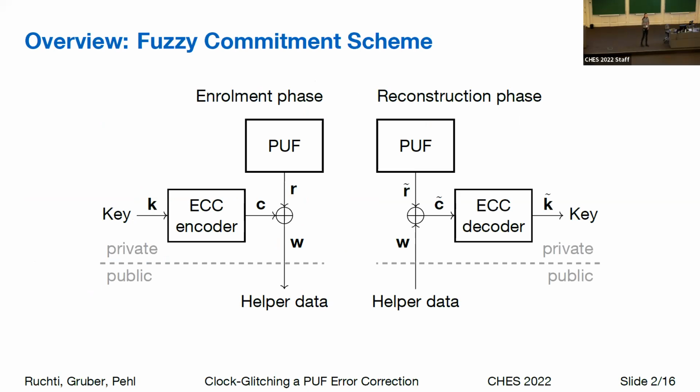Whenever we need that key again, we carry out a reconstruction phase where we do another PUF measurement and use that together with public helper data to rederive the key. Because the PUF measurement is non-ideal and a bit noisy, we need some error correction in that system, and we are going to attack that error correction at its very input to extract the code word and therefore also the secret key.